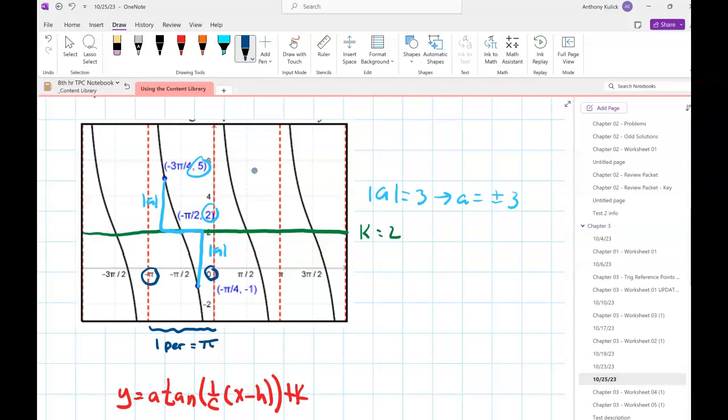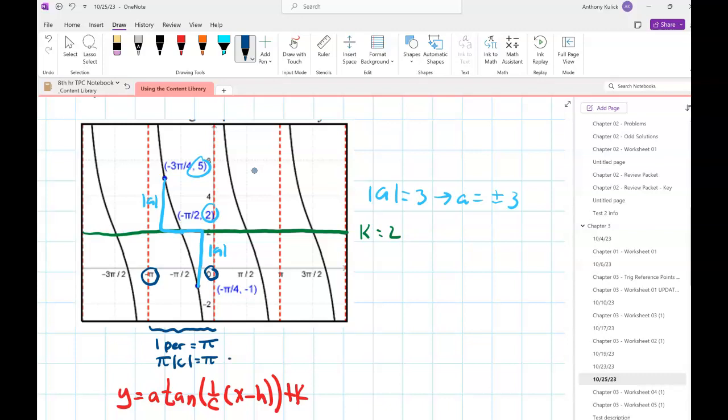And for tangent, what's the formula for a period? It's pi over the absolute value of C, as opposed to 2 pi over the absolute value of C. That's a difference, Mr. Kulik. I know. Just put it on your note card to remind yourself.